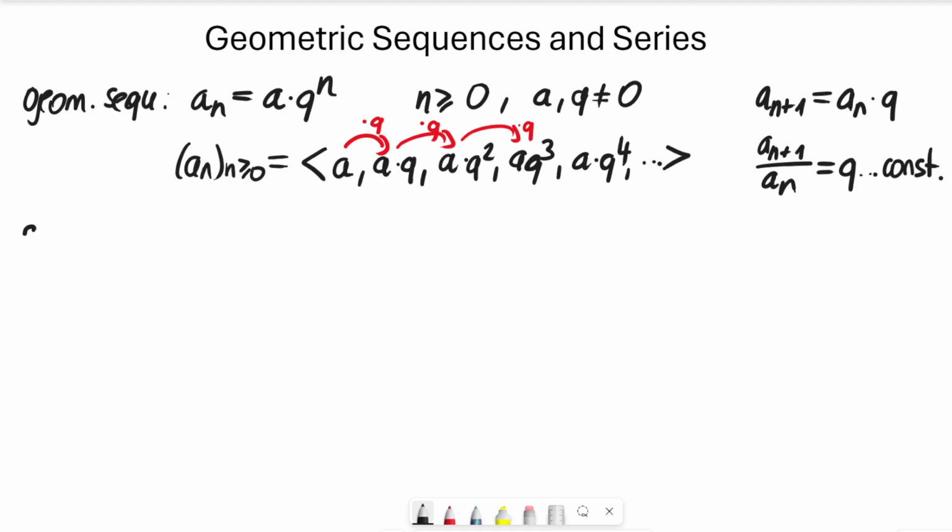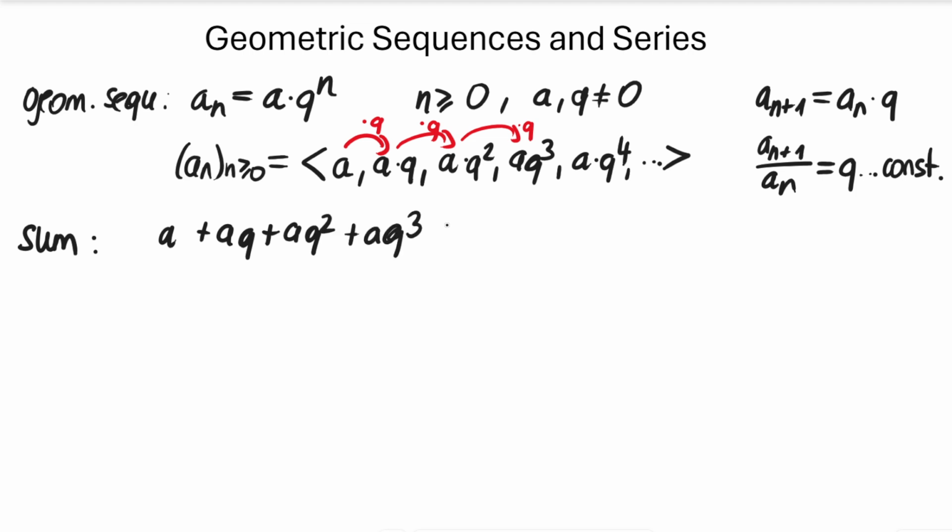Now we look at the sum. The sum of this, which is then called the series as it goes to infinity. But first, let's look at the sum and then at the series. So, sum up all the terms up to index n.